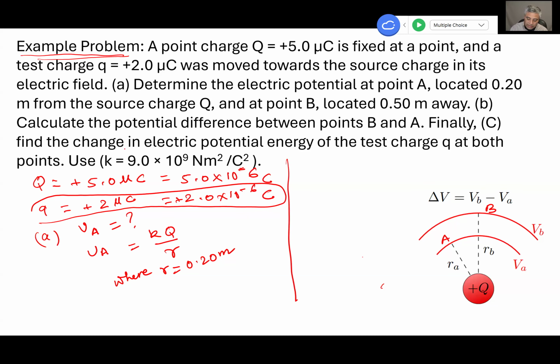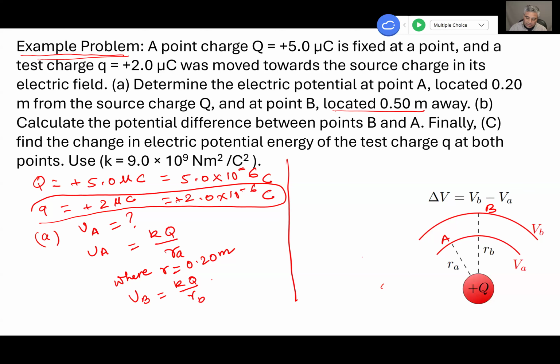And then B, it says calculate the potential difference between B and A. So now it says, okay, it is asking us to find both V_A and V_B over here. So here is going to be kQ over r_A. Over here is going to be kQ over r_B.